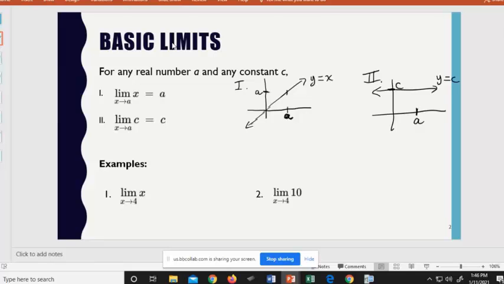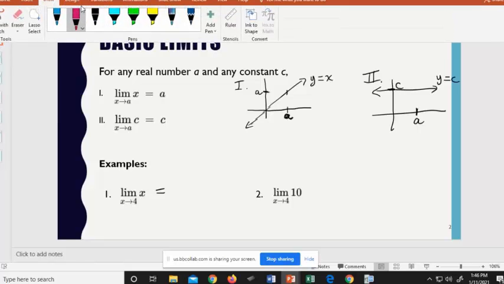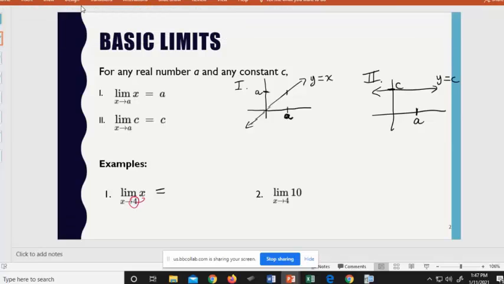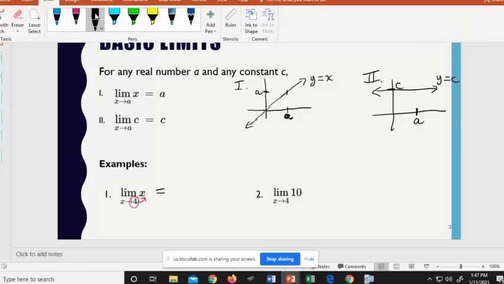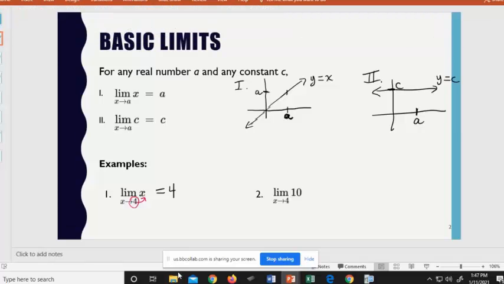Okay, so some examples. What is the limit of x as x approaches 4? Oh, as x approaches 4. The limit of x as x approaches 4. 4. Just 4, because in this case, you plug it in. Okay, so that answer is 4.